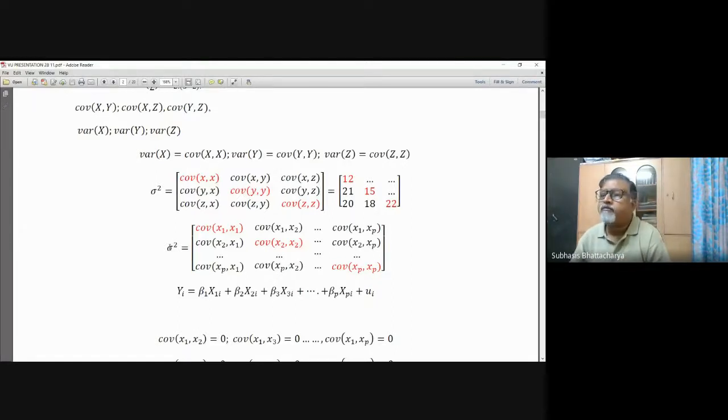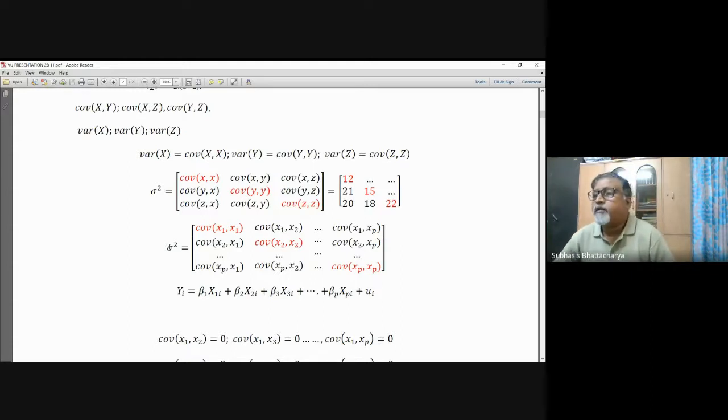So if the off diagonal covariances are non-zero, what does that mean? That means if the covariance is something positive or something negative, anything, it will generate a value for the correlation coefficient, because you know the correlation is the ratio between the covariance and the standard deviations of the two variables.